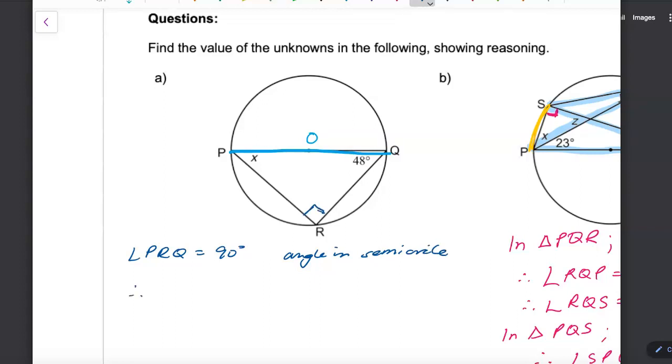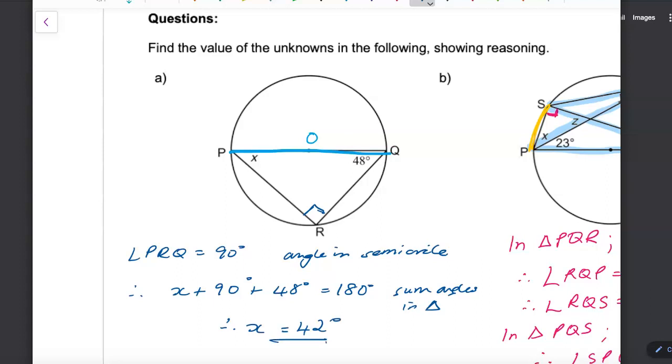So if we sum the angles, we've got x plus 90 plus 48 degrees. They should equal 180 degrees for the sum of the angles in a triangle. So x therefore must equal 42 degrees. Now I'd like you to have a go at part B, pause the video and then come back and look at the sample solution, making sure that you give reasons.